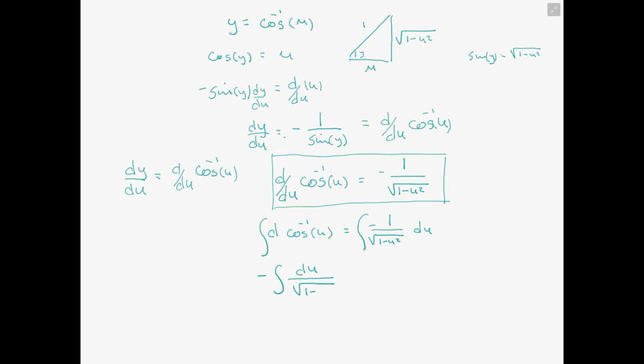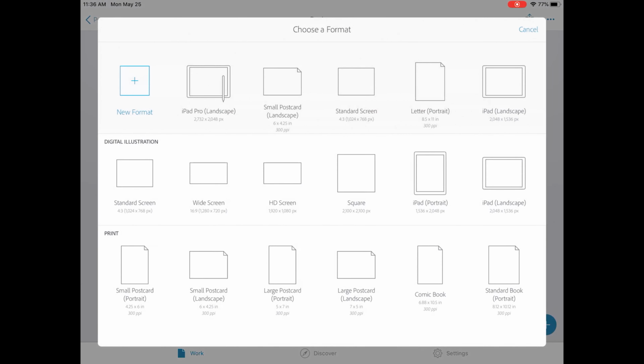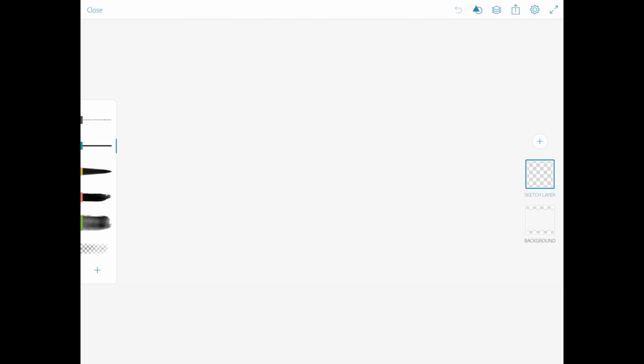And if we take the integrals, swapping things around, minus the integral of du over the square root of 1 minus u squared equals the arc cosine of u plus c. So this is pretty cool.